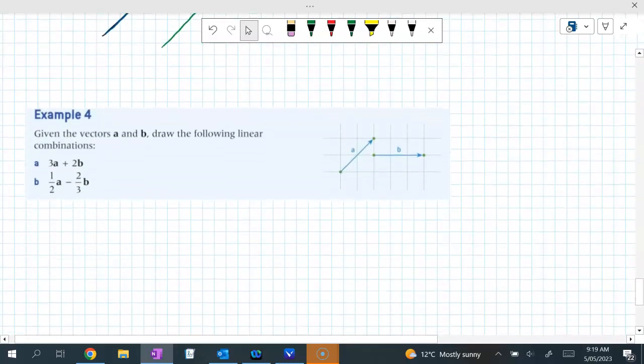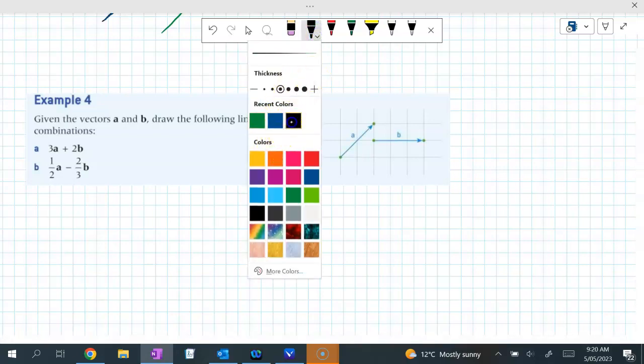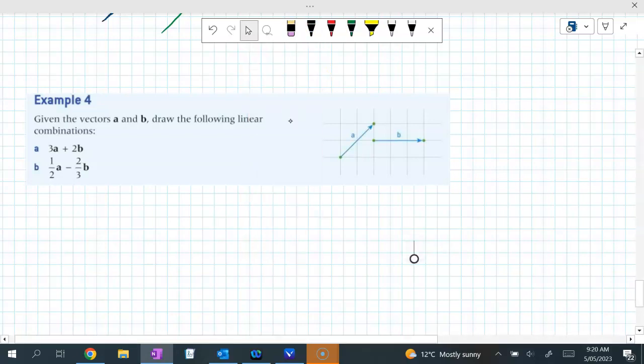Alright, so we've got to draw 3 lots of A and add that to 2 lots of B. So 3 lots of A, well, it's positive, so the direction is going to stay the same, but it's going to be 3 times as large. So if I start it down here, I'm going to go across 2 and up 2, that's A itself, but it's got to be 3 times as large.